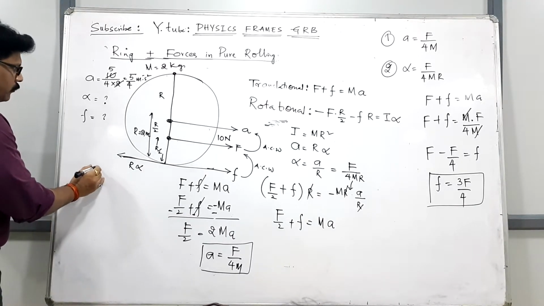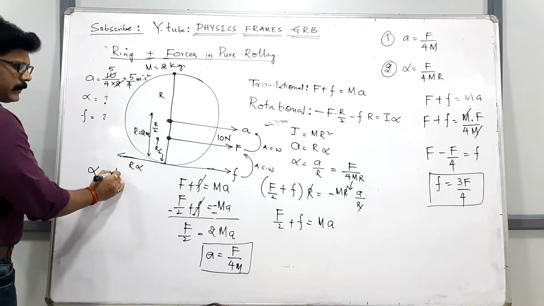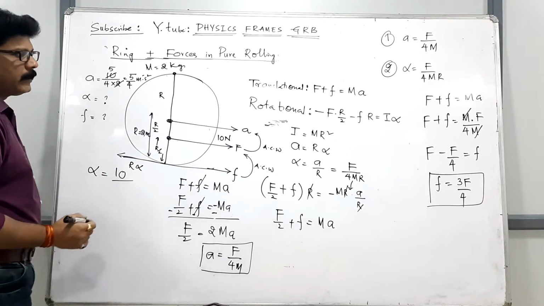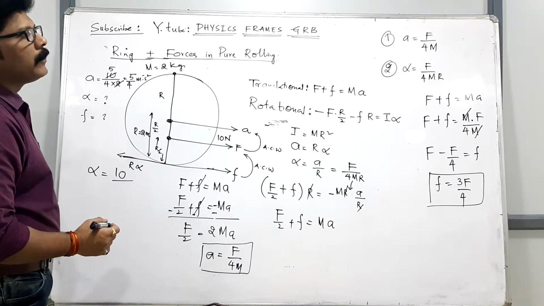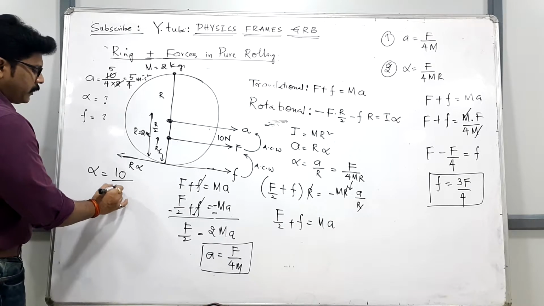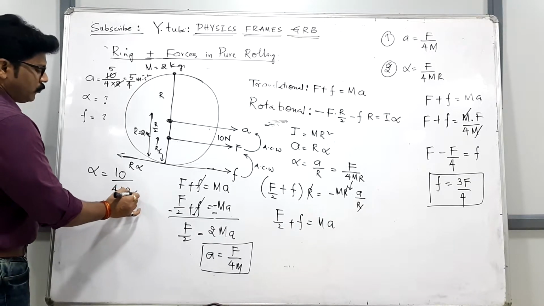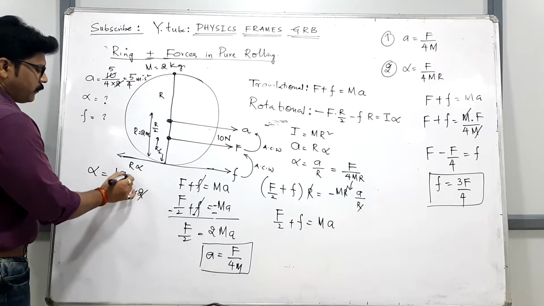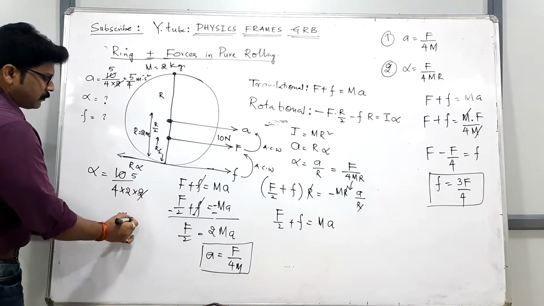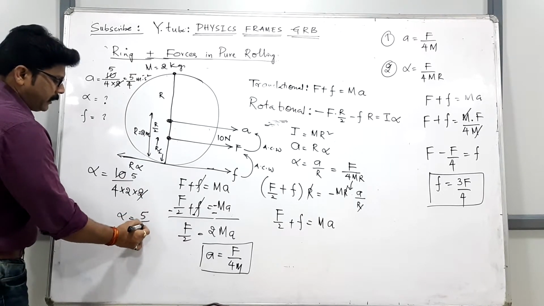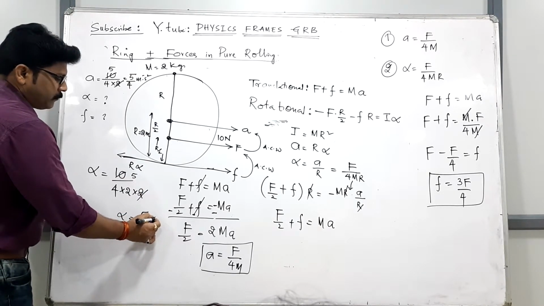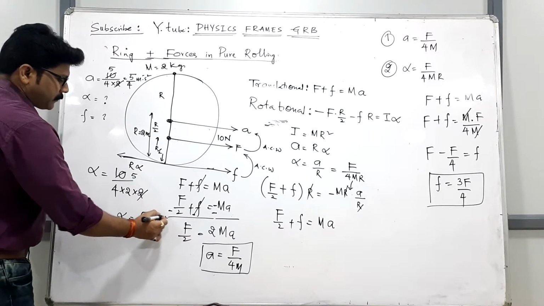Alpha equals 10 by 4 into 2 into 2, which is alpha equals 5 by 8 radian per second square.